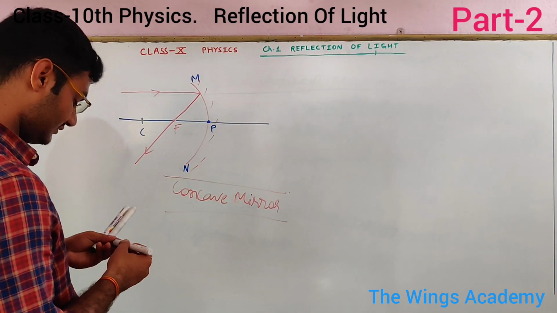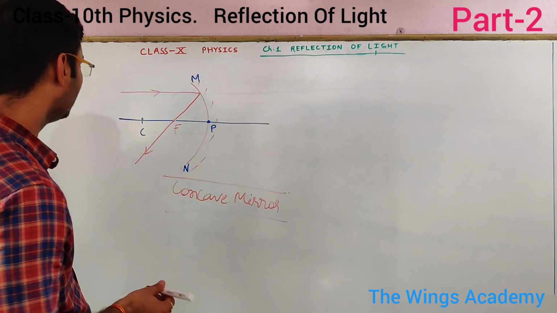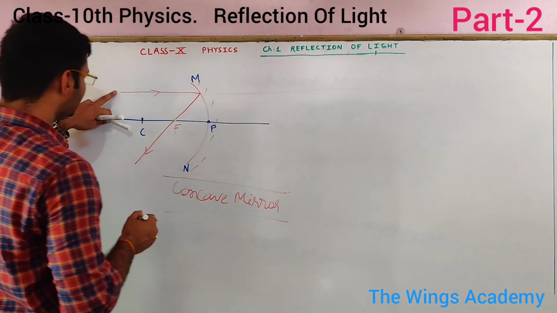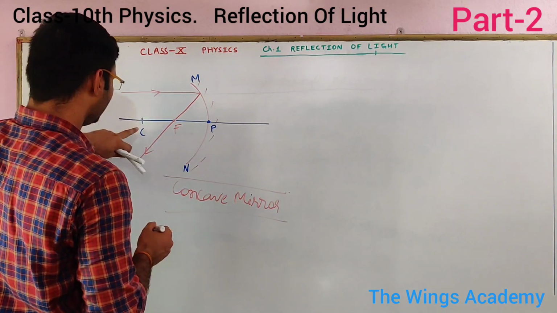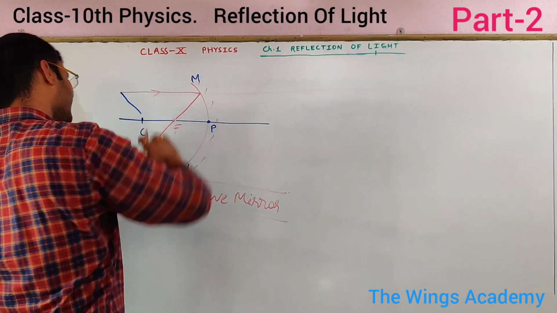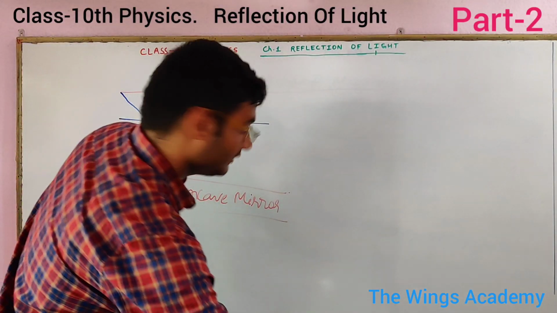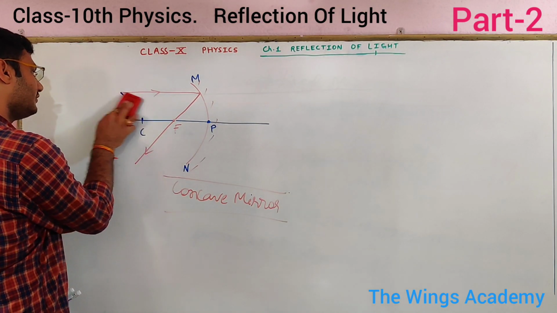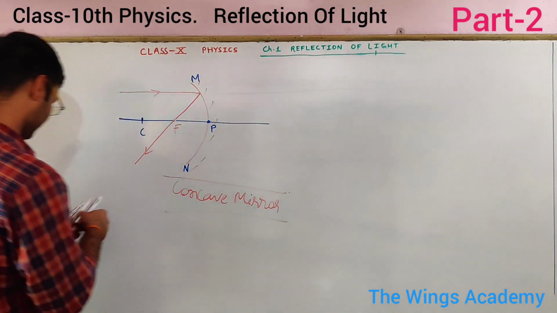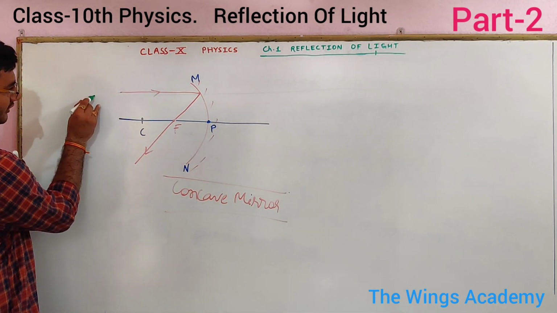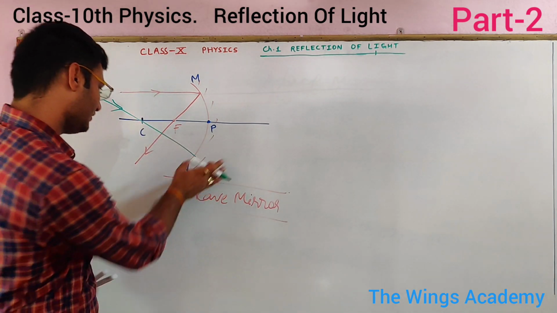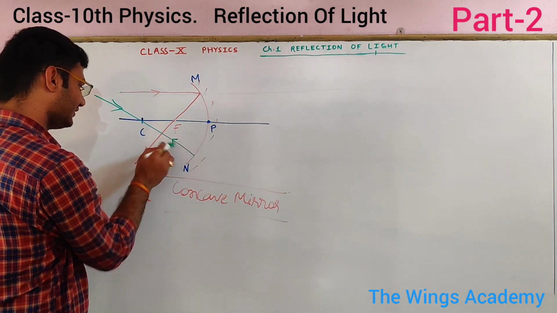The second one is a ray which is passing through the center of curvature, and after striking it retraces its path.